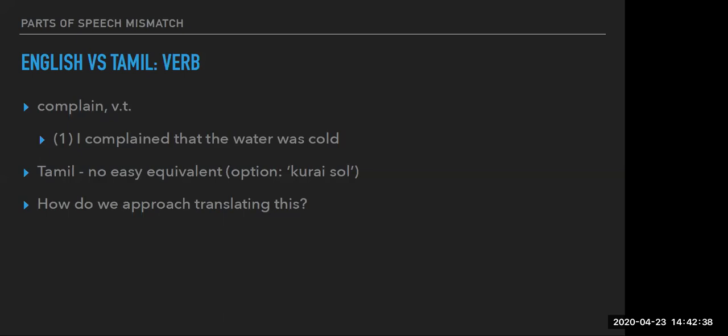An option is something like kuraisul, which literally means fault say, or roughly find fault. But it isn't easy to use it in a sentence like this. I would not use this word when I talk about complaining that the water was cold, right?